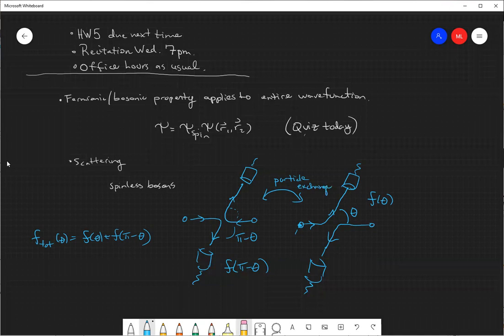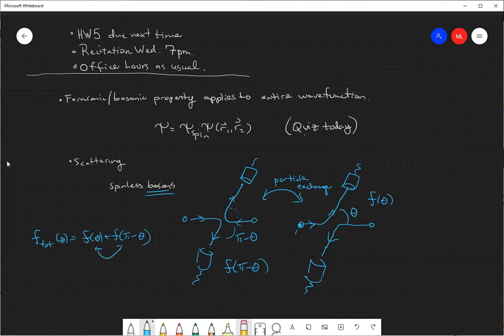And so if you have spinless bosons, then you better make sure that your scattering wave function is symmetric under particle exchange. And that's precisely what this tells you.